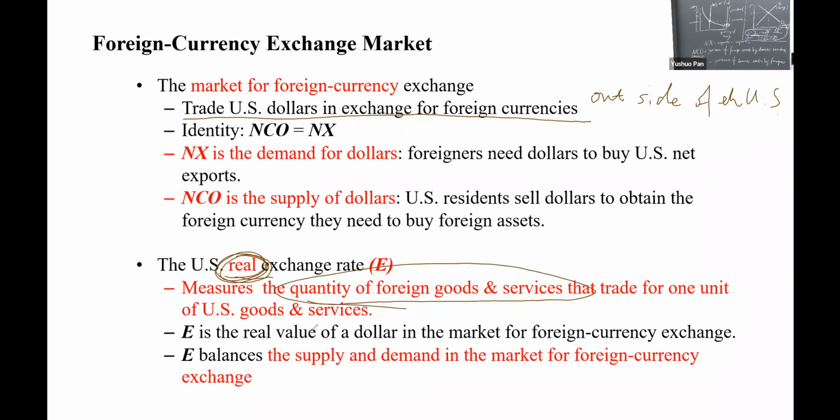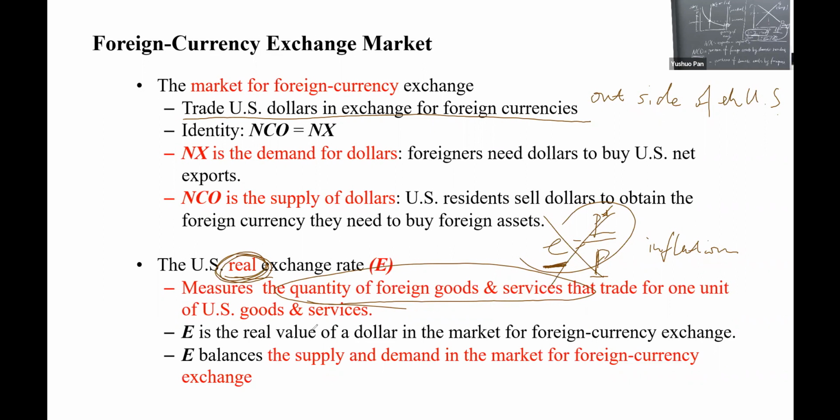Which means in this chapter, in this model, we cannot calculate the exchange rate by P star, the foreign price, divided by the domestic price, because this is the limitation of purchasing power parity. Because there is some inflation happening, we cannot use this to calculate the exchange rate.